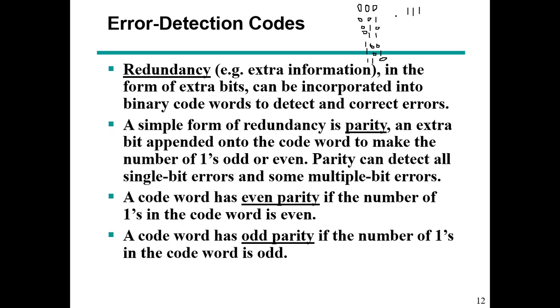Say for example, you want to transmit this particular combination, and this combination means move forward. Say somehow during transmission this 1 gets corrupted and it becomes a 0. Okay? So this is what you sent. It meant move forward, but the receiver received this because there was an error during transmission.